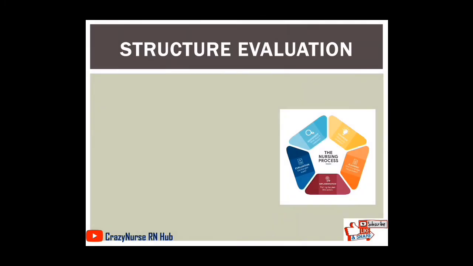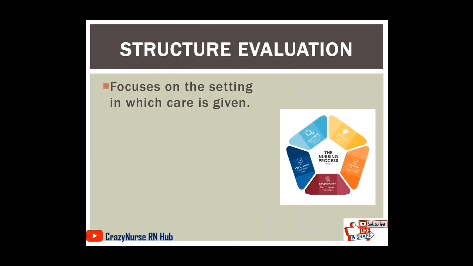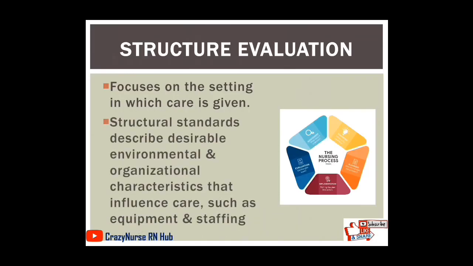Structure evaluation focuses on the setting in which care is given. It answers this question: what effect does the setting have on the quality of care? Structural standards describe desirable environmental and organizational characteristics that influence care, such as equipment and staffing.